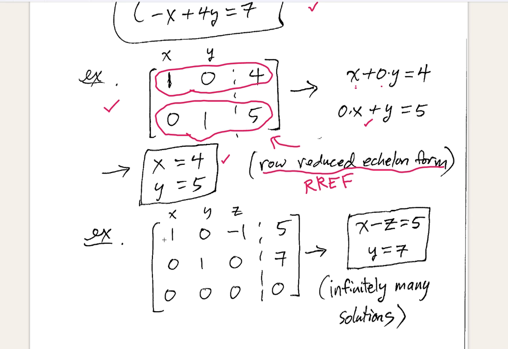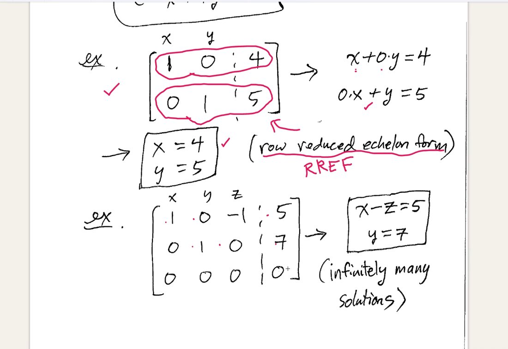Let's take a look at this example here. Reading across, the first row, I should mention I've got the labels X, Y, Z there, you can see. I've got 1, 0, negative 1, 5. The second row, 0, 1, 0, 7. The bottom row is all zeros. Let's start at the bottom row for a second. What is this saying?